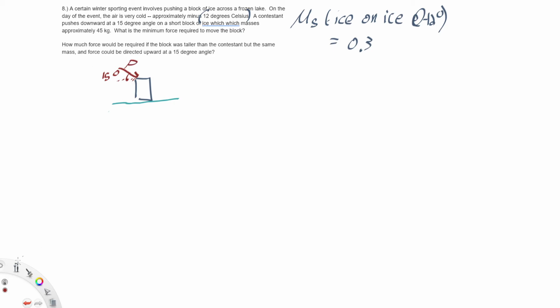You're pushing with some amount of force. The block of ice also has its own weight, its normal force, and its friction. And we'll go ahead and call up and right the positive directions.